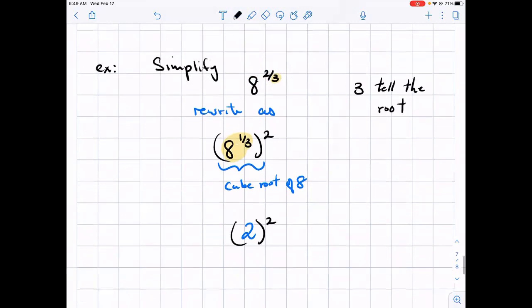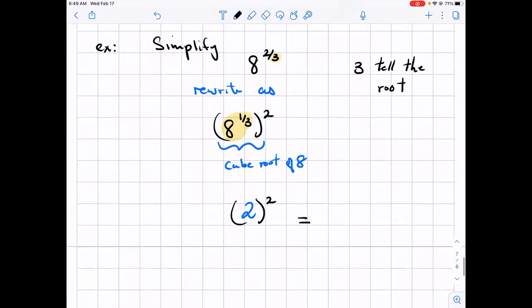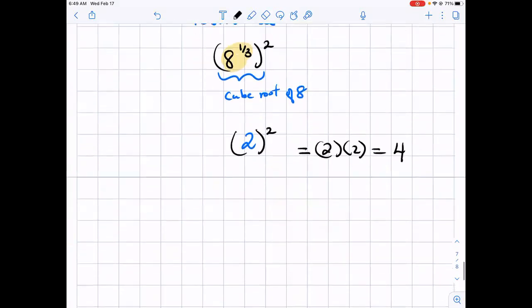And 2 raised to the 2nd power, we know, is 2 times 2, which is equal to 4. Now, I always choose to write the cube root first.